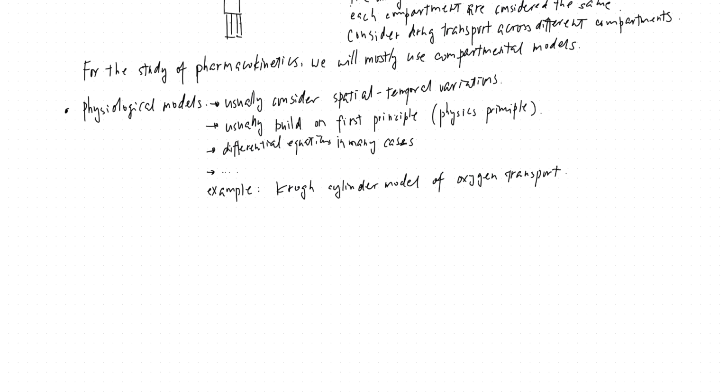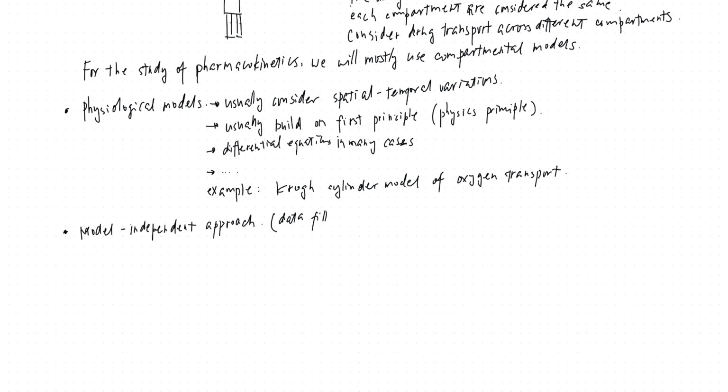So the third type of model, we can give it a nice looking name. It's called model independent approaches. Okay, this is a nice name. If you want to give it another name, basically it's just data fitting.